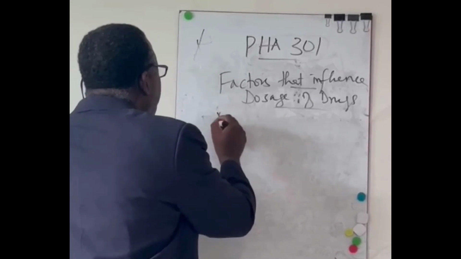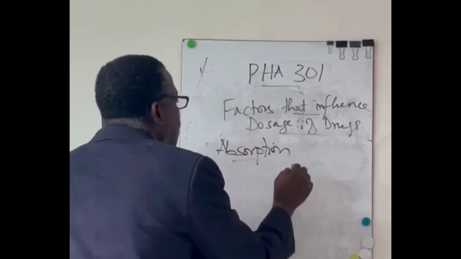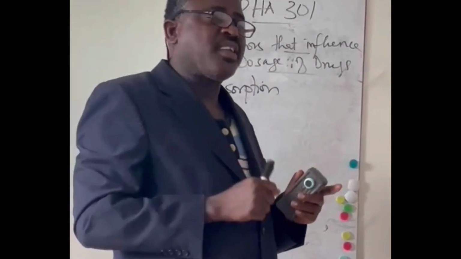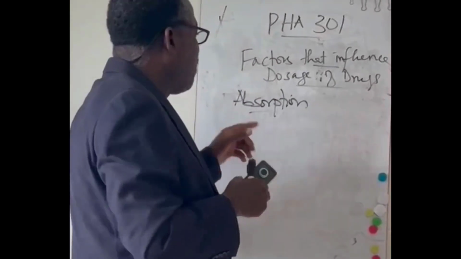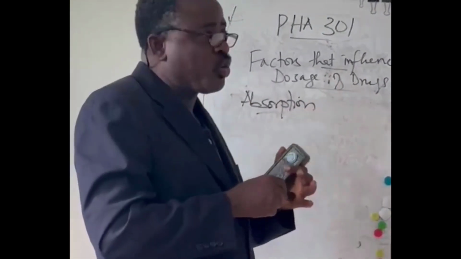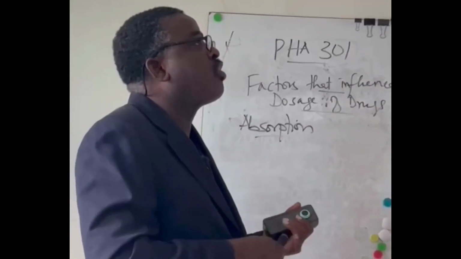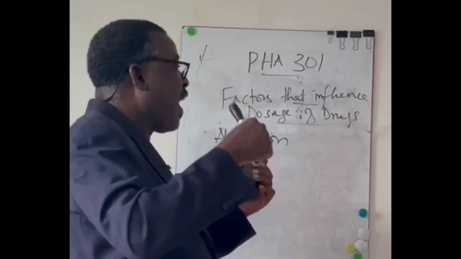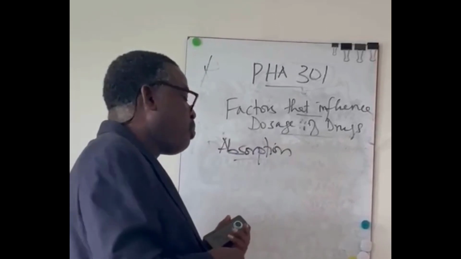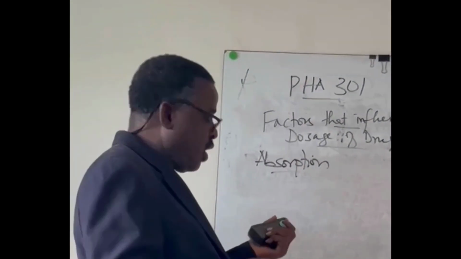When you talk of absorption, it is what happens when you take medication, for example orally. IV goes to the bloodstream directly. But oral drugs, even IM, undergo some forms of processing before they get to the level at which they can exert effect on the body.